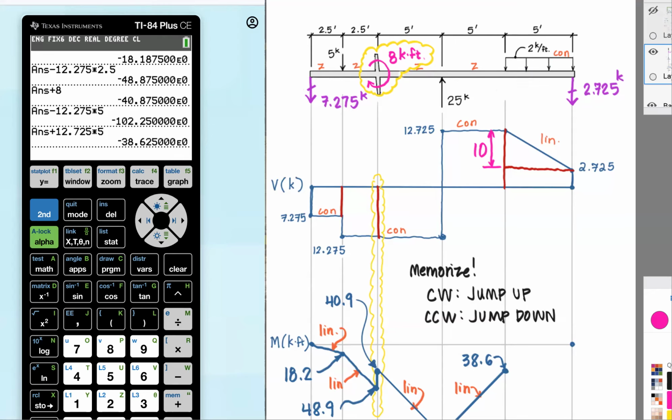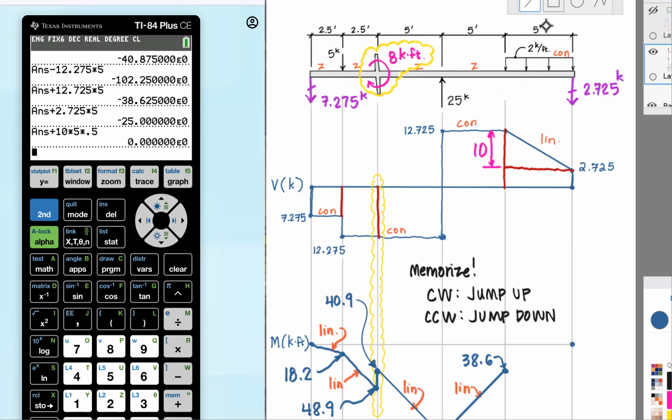So let's add in the rectangle, which is 2.725 times 5, and then add in the area of the triangle, which is 10 times 5 times 0.5, and lo and behold, we get back to 0.